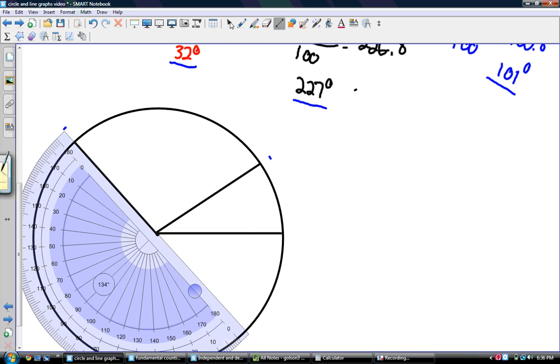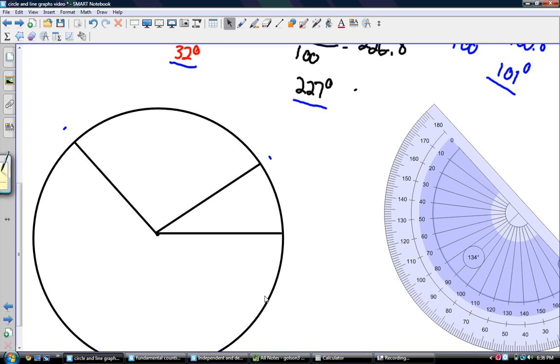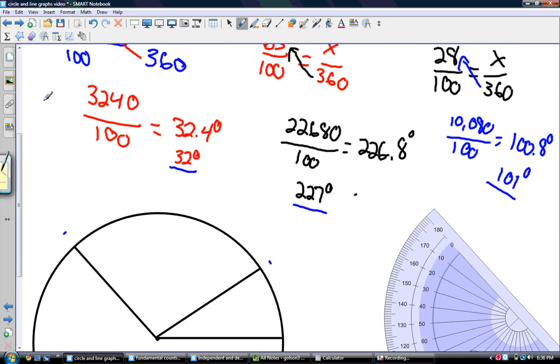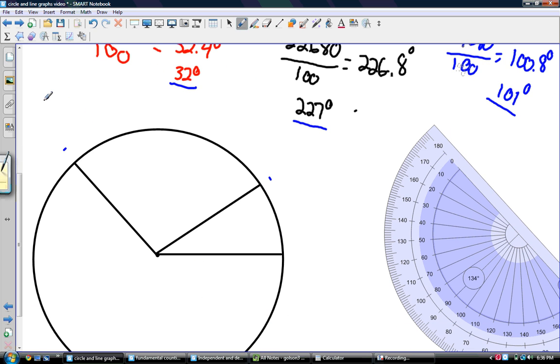And then, like I said, that section that's left over, this big part in here, would have to be 227 degrees. And so I go ahead and I need to make sure that I label each section. The one that was 32 degrees came from the people that said they had one TV in their house. So I would label this section over here as one TV.